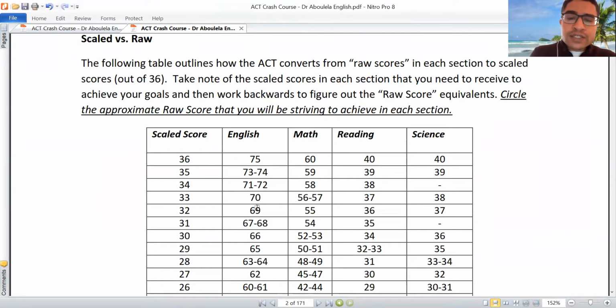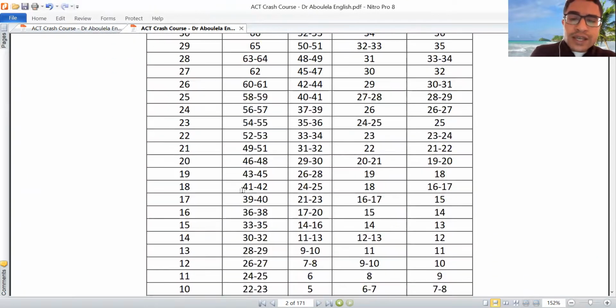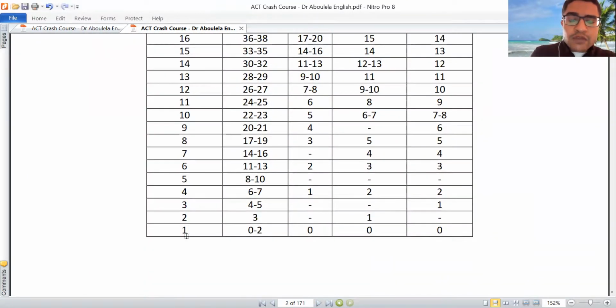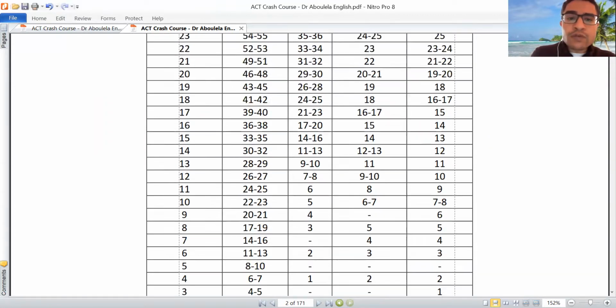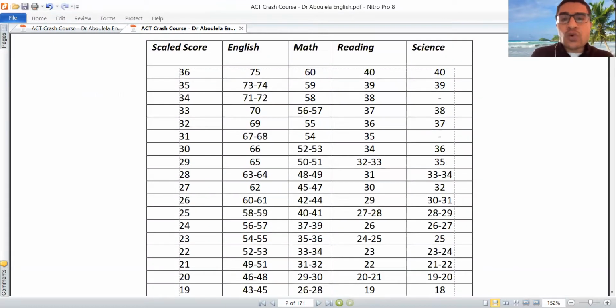Keep in mind that the scores of the essay are reported separately and do not add up to the 36 scaled score. So what you see here is if you answer 0 to 2, you get 1 out of 36, and that's the scaled score.